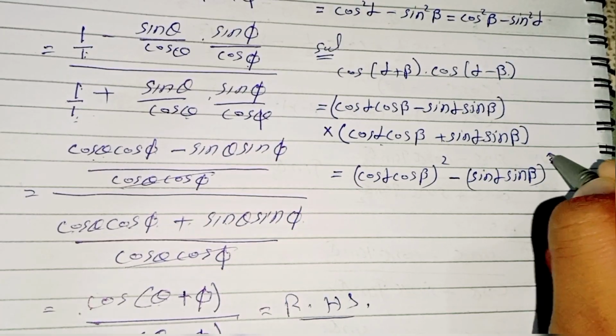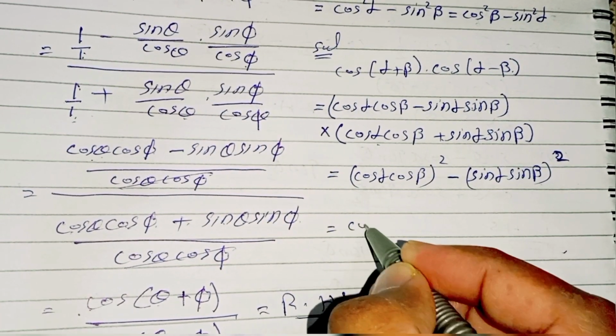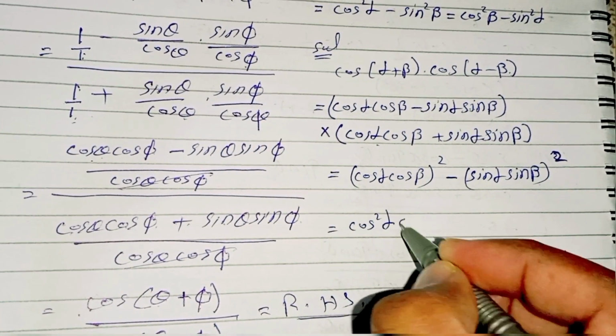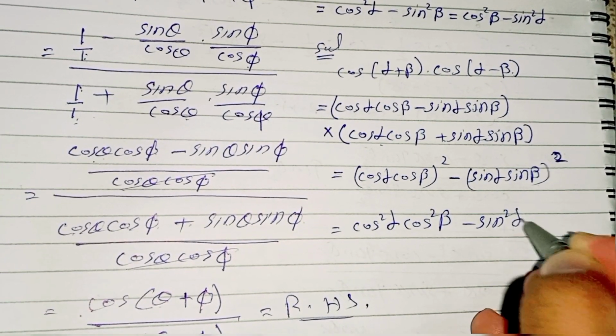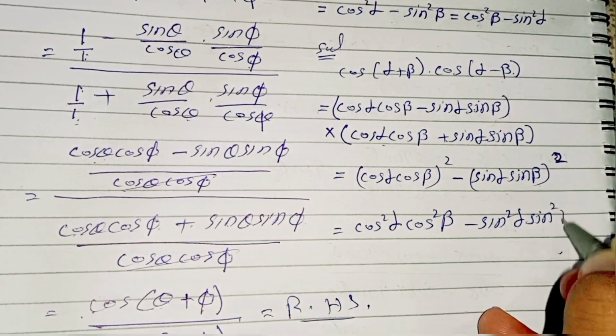It can be written as cos square alpha cos square beta minus sin square alpha sin square beta.